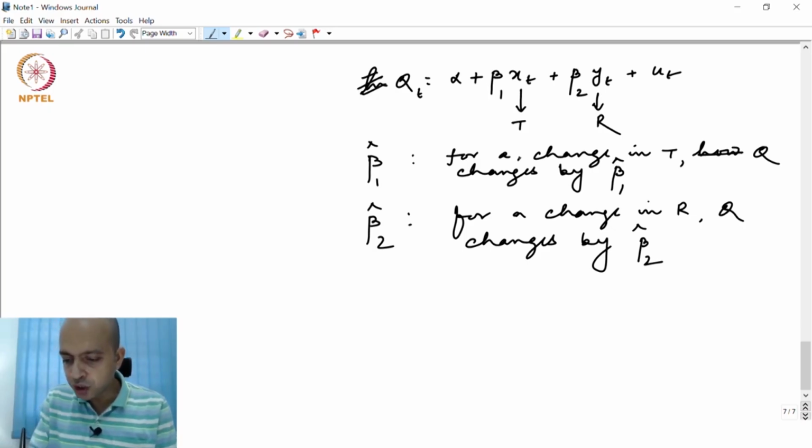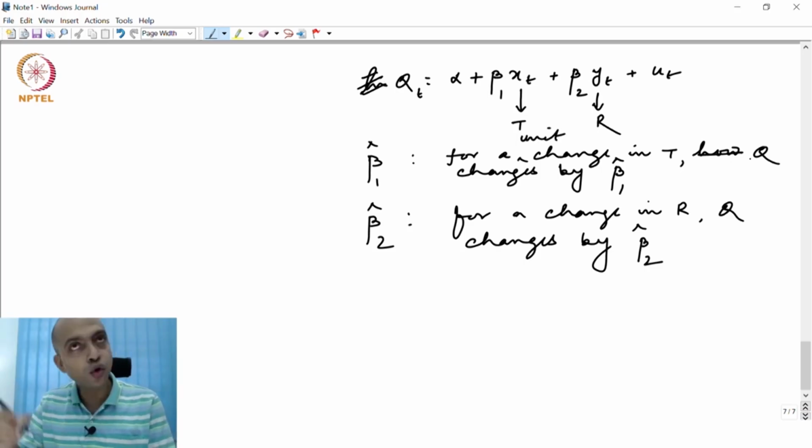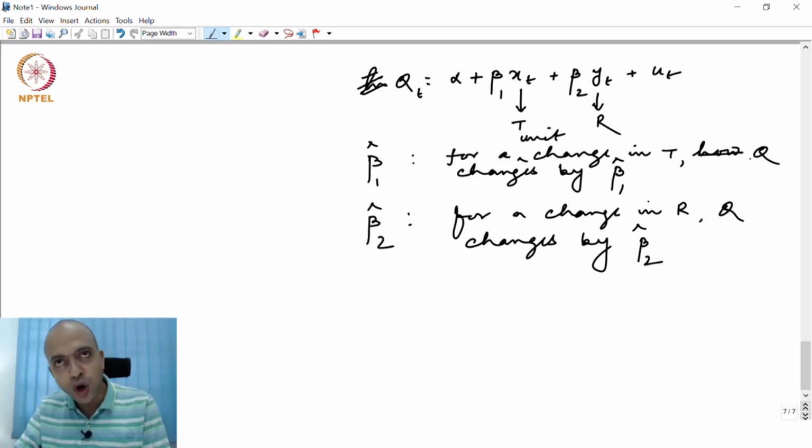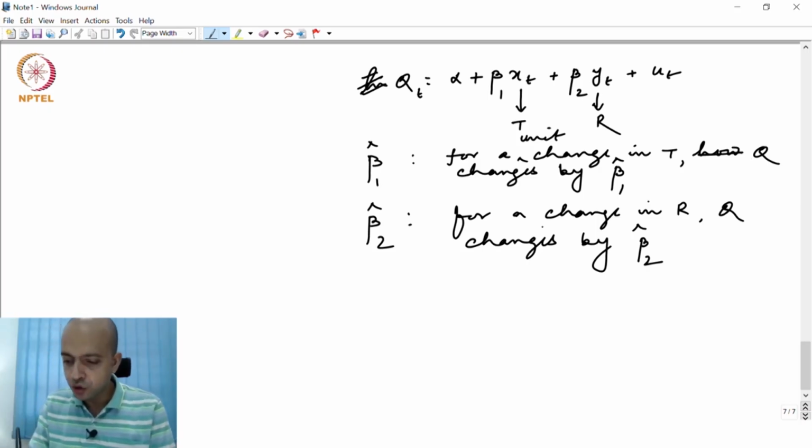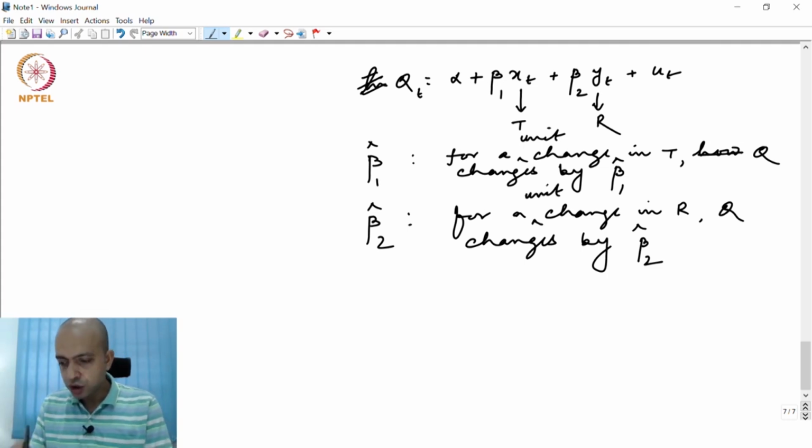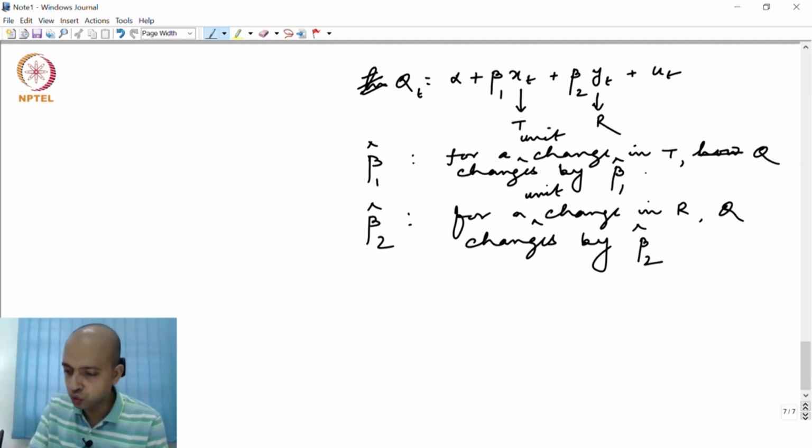So for a unit change, I will say that for a 1 degree change in temperature or 1 millimeter change in rainfall, Q changes by beta 2 units on an average.